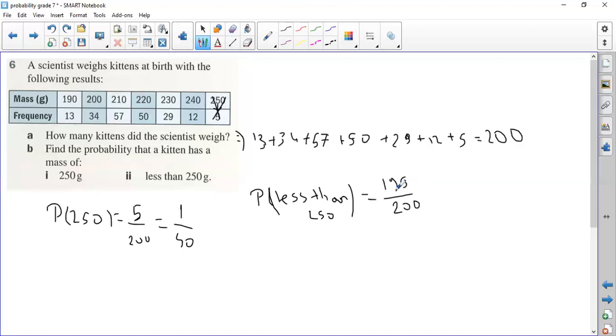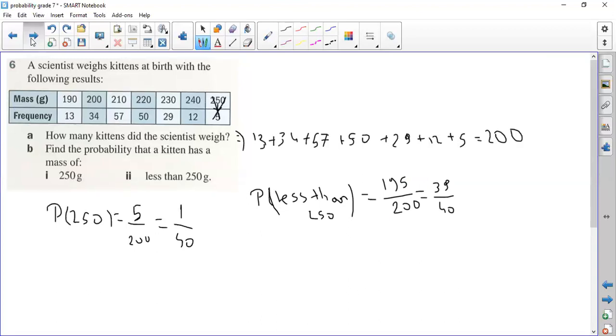This one can be simplified with 5. So it is 39 over 40. 39 over 40 will be the probability for getting less than 250 grams.